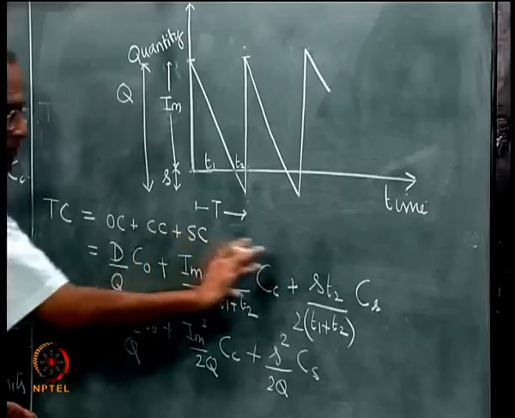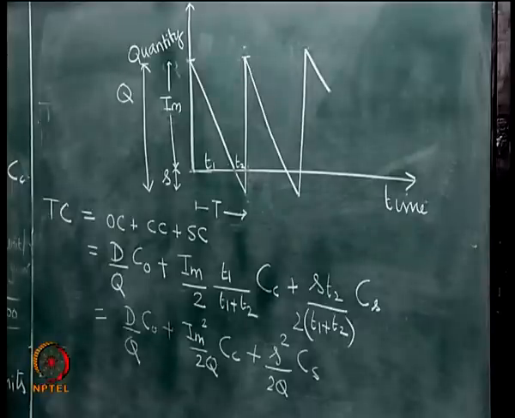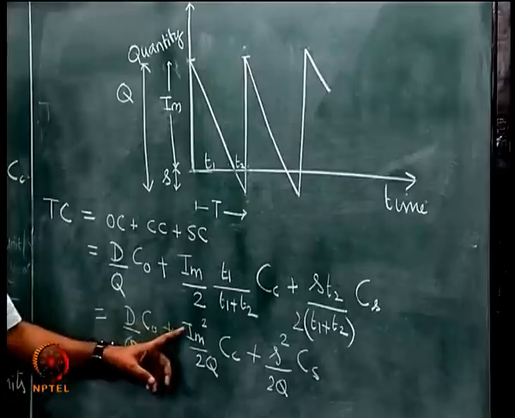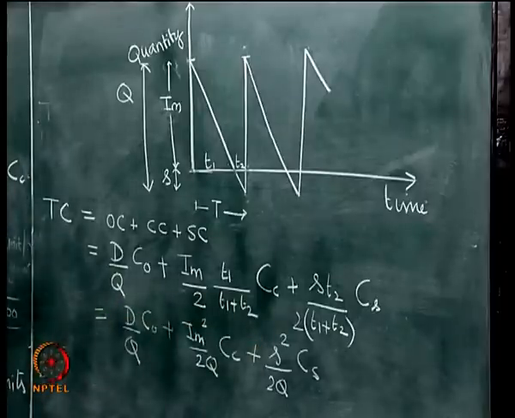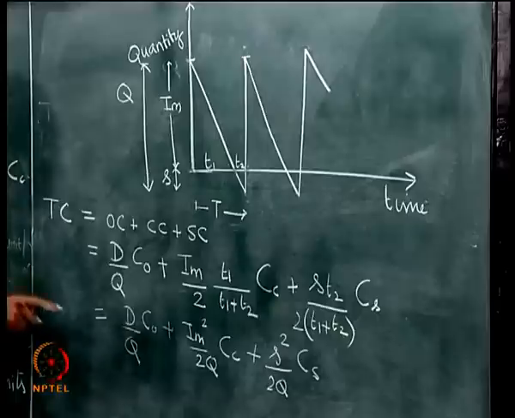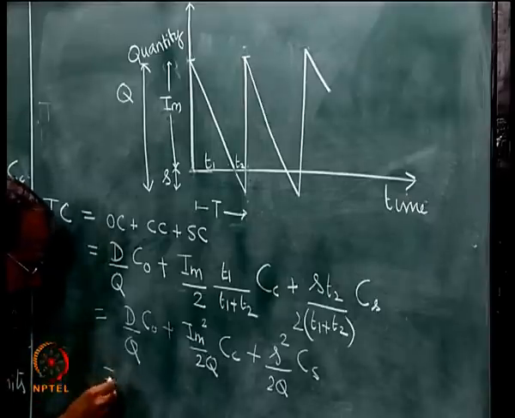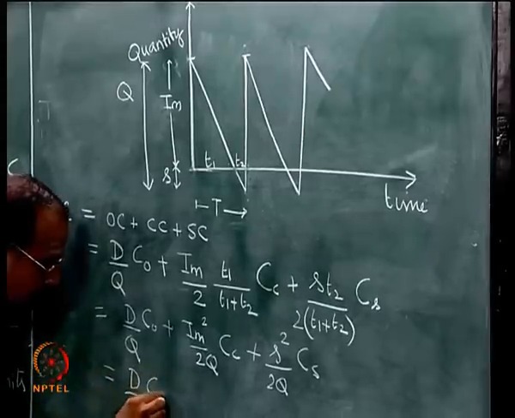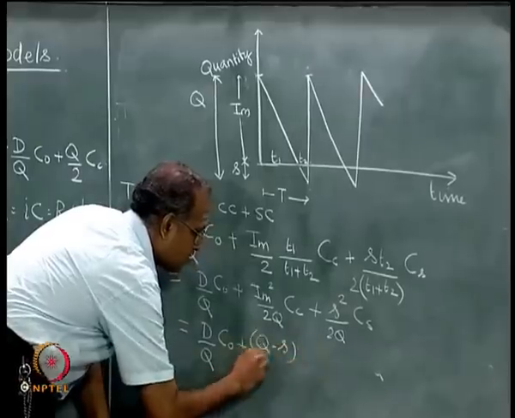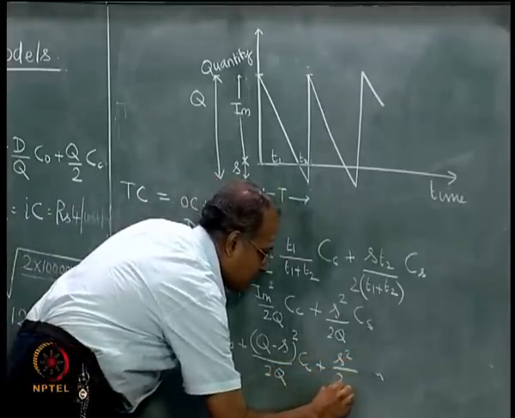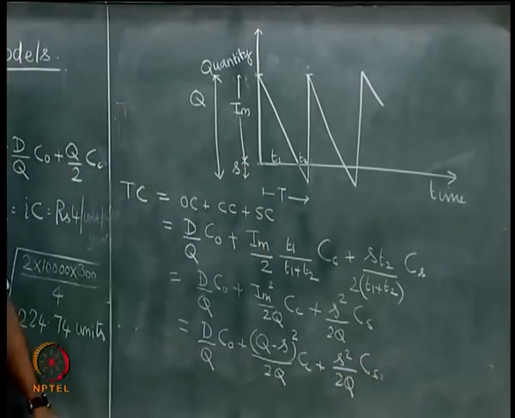So now we have eliminated the T1 and T2 from this, because they are related to Im and S. Now we have only 3 unknowns which are Q, Im and S, and we also know that they are related because Q is equal to Im plus S. So what we do now is we eliminate Im by substituting Im is equal to Q minus S to get d by Q into C naught plus Q minus S the whole square by 2Q into Cc plus S square by 2Q into Cs.